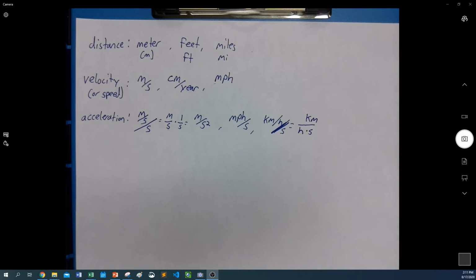You need to be able to look at a unit and be able to tell if it's velocity, distance, or acceleration.